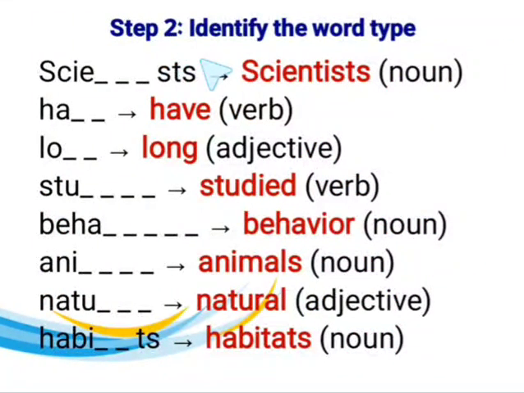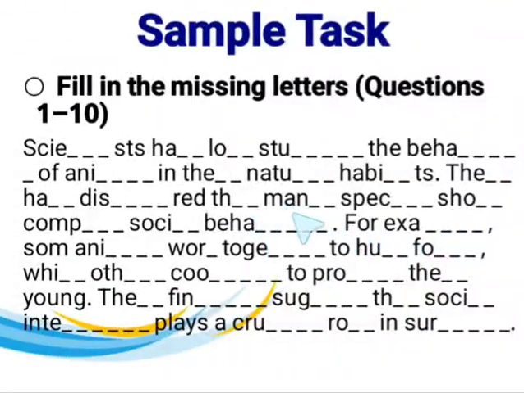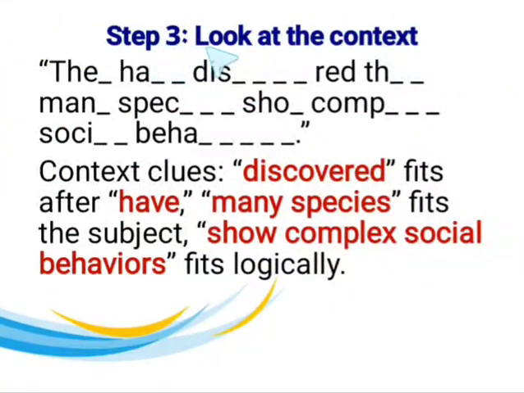The second step is identify the word type. Look, whether the word is a noun, verb, adjective, or an adverb. Actually, long in this sense is an adverb. It's not an adjective.